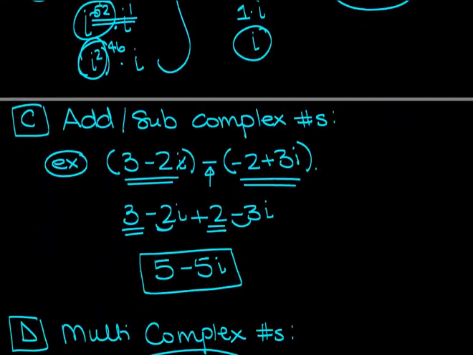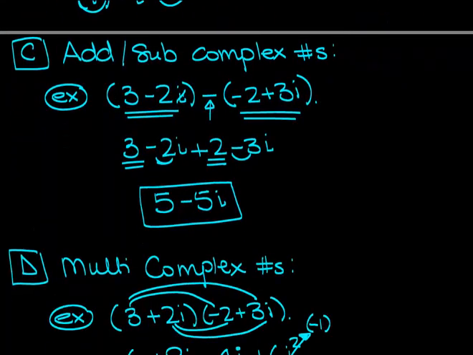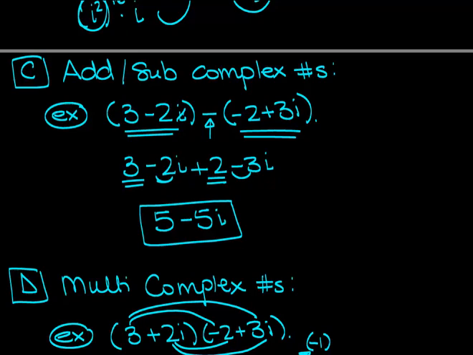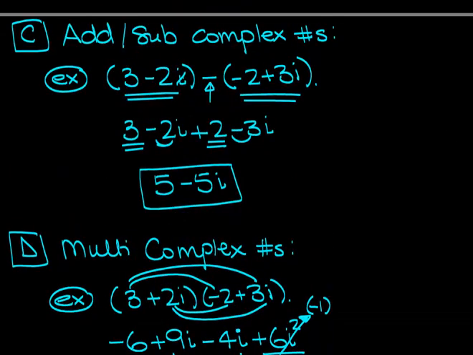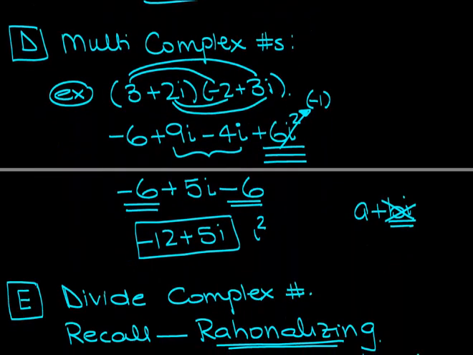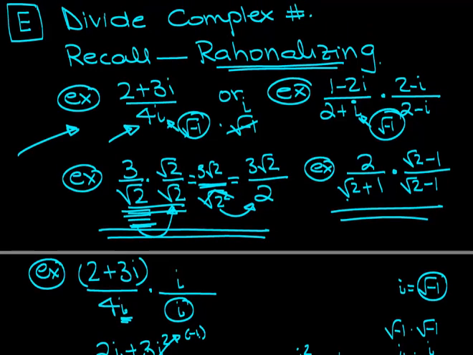And then we looked at some operations on complex numbers, adding and subtracting. That's just like working with polynomials. Multiplying is exactly like working with polynomials, except you have to worry about that i squared. And then the last thing to note is dividing complex numbers.